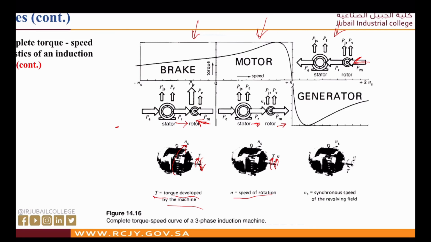And if the speed of the load is more than the synchronous speed, the induced torque is going to be reversed, and it is going to be inducing a magnetic field, and the motor is going to be a generator, and the generated voltage will go to the supply, okay.